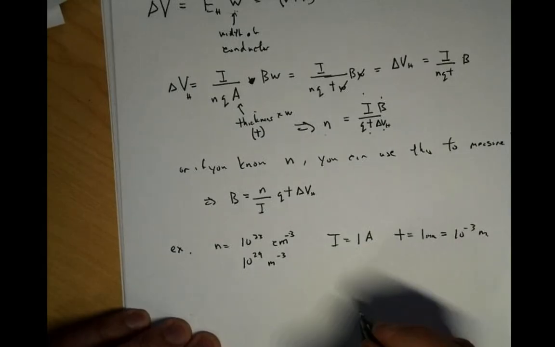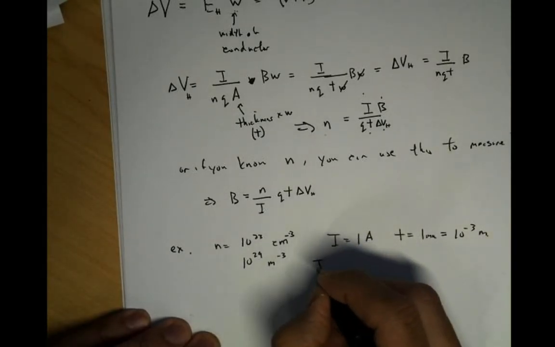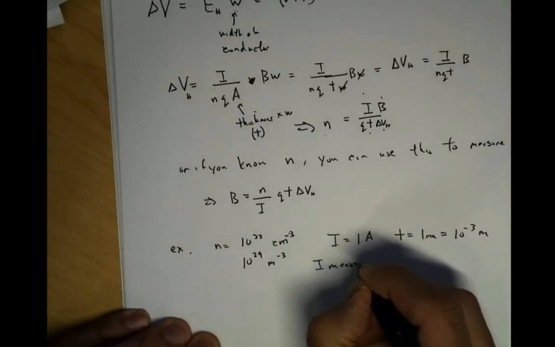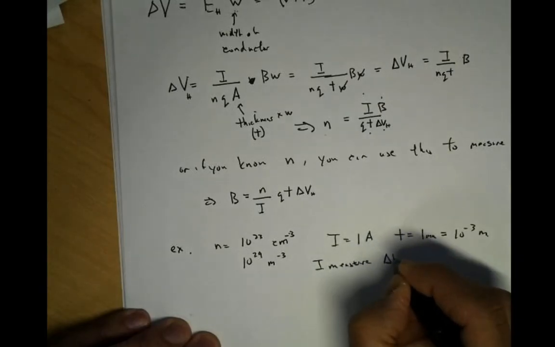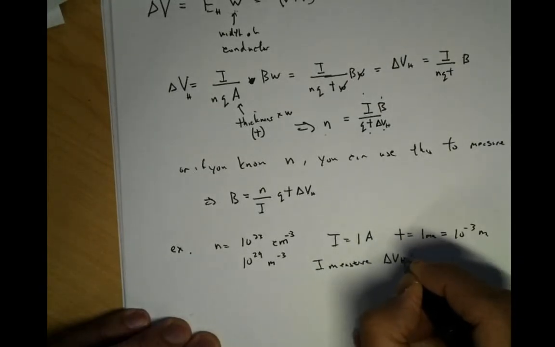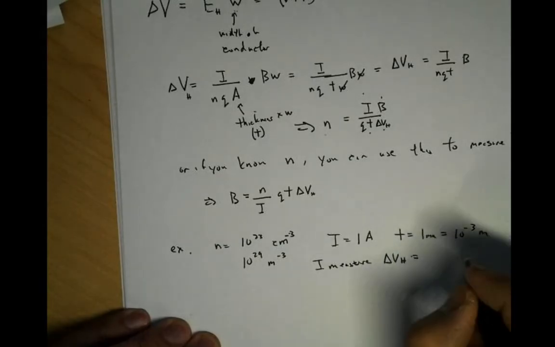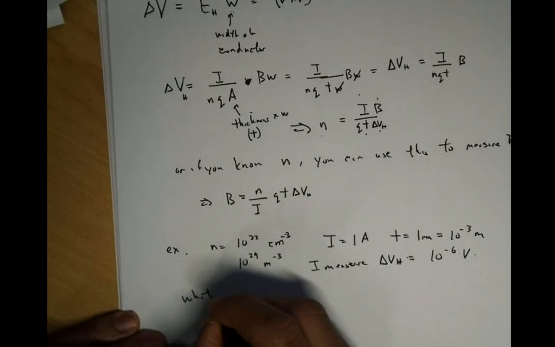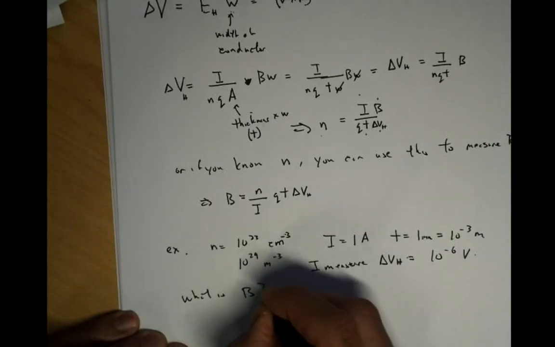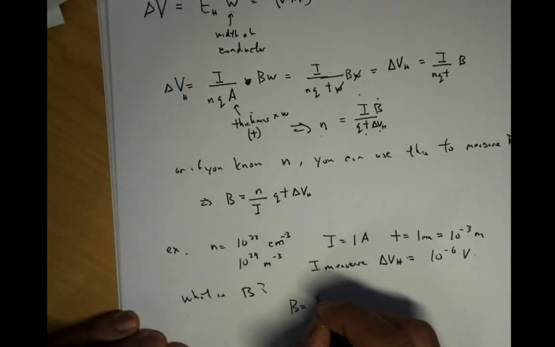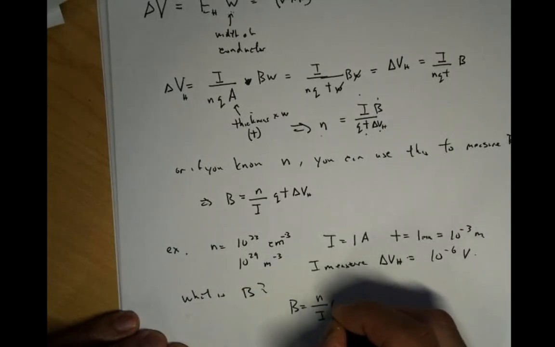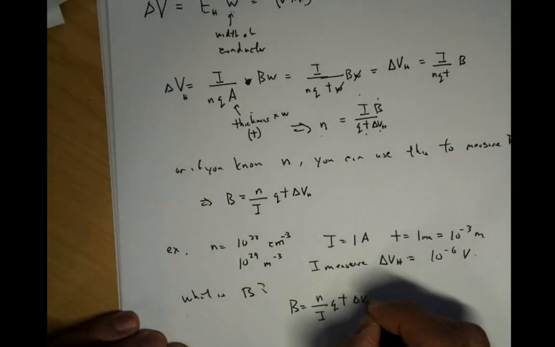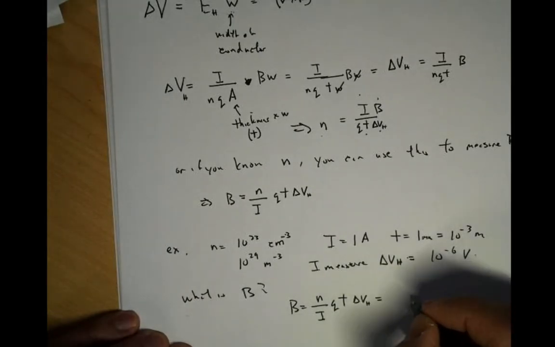And suppose I measure delta V_H is equal to something really tiny, 10 to the minus 6 volts. So what's B? Let's go figure that out. B is equal to n Q T delta V_H over I. Just plug everything in now.